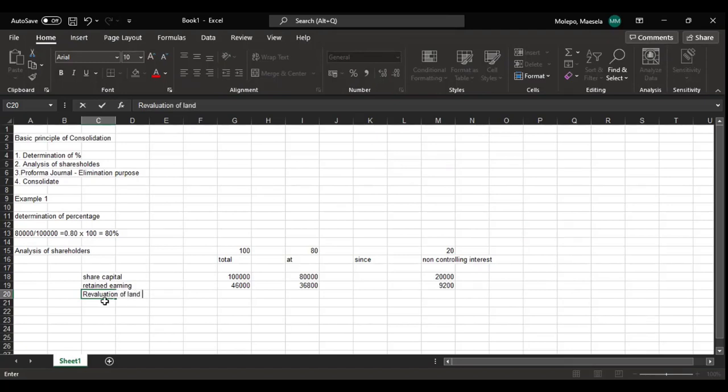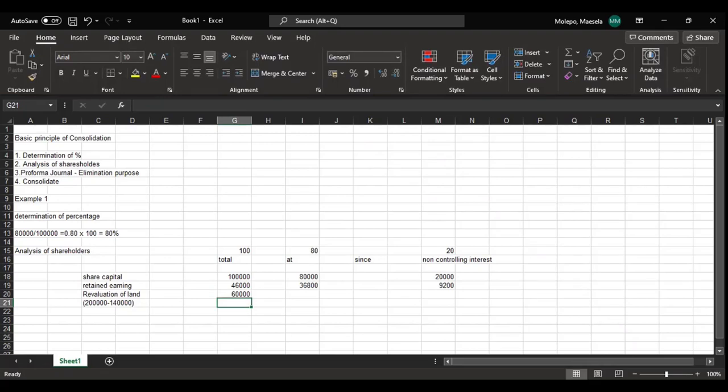So it means the market value of the land is now 200,000, then we subtract the 140,000 that was the cost price. So the revaluation is 60,000. Then at acquisition, 80% of the 60,000 will be 48,000, and the remaining will be 12,000. Then we do our total.